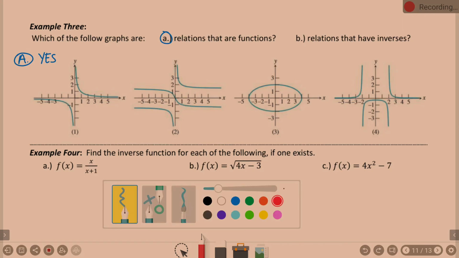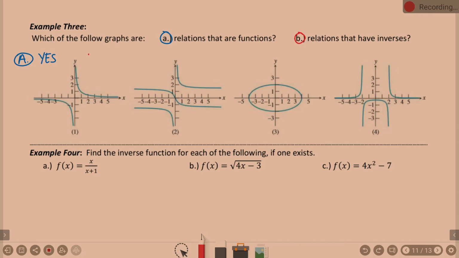B, while we're here. My B's are going to be red. Does the relation have an inverse? Yes. Why?